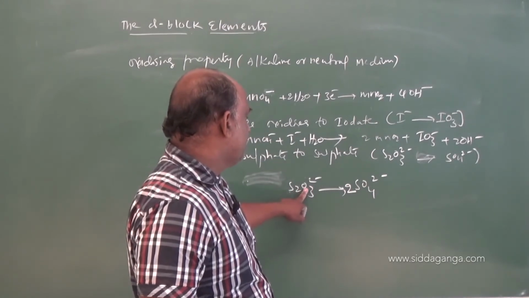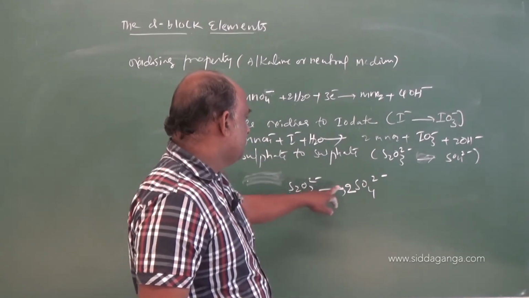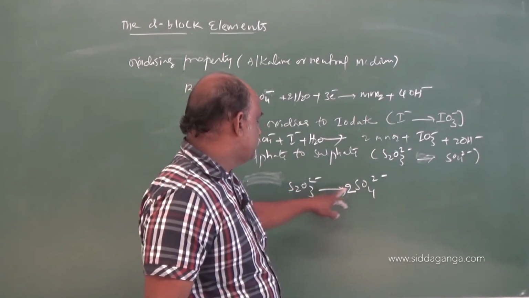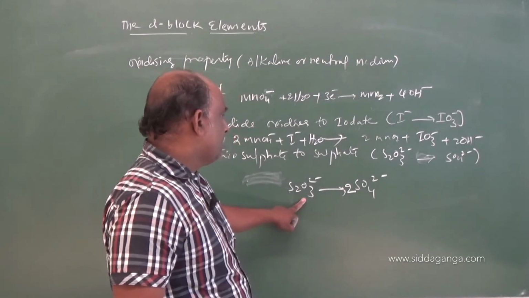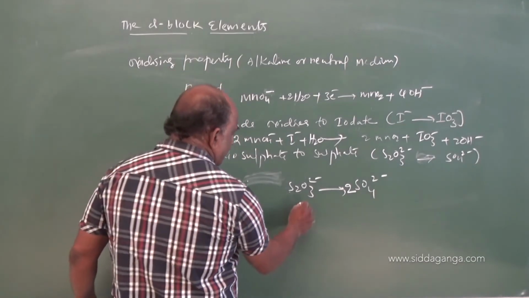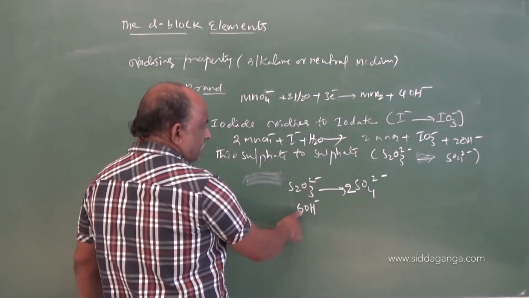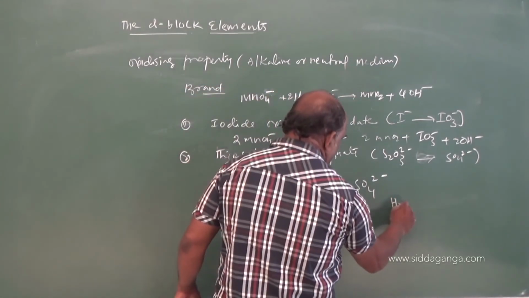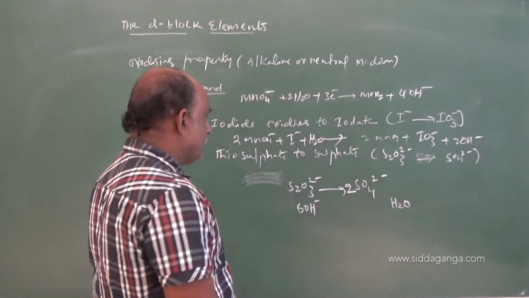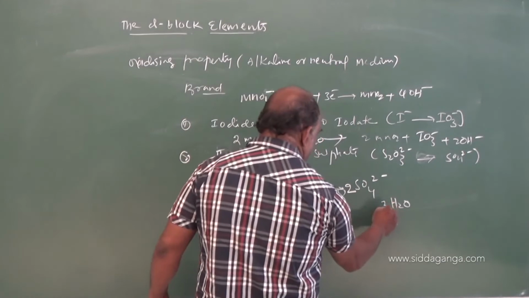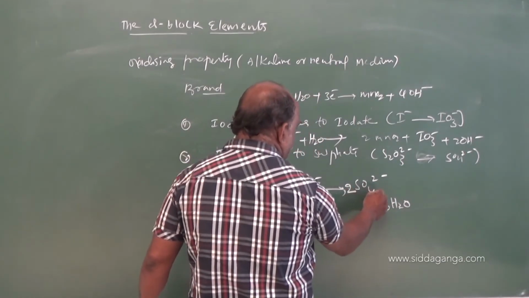So we still require 8 minus 3, 5 oxygens, so 6 OH minus. Suppose you consider 6 plus 3, 9, and here 1 H2O you consider, 3 H2O.